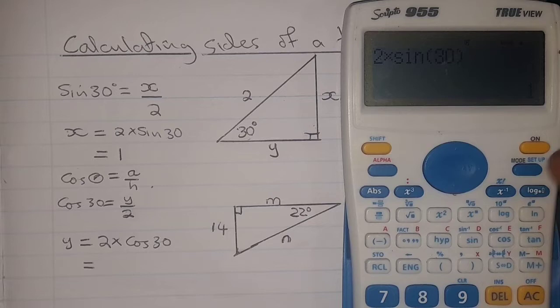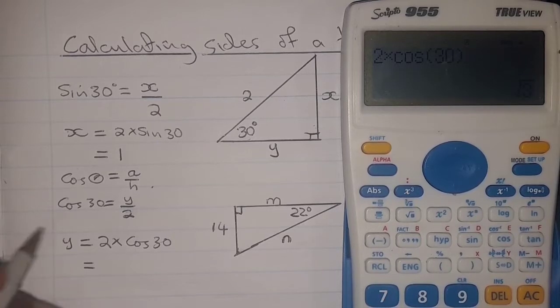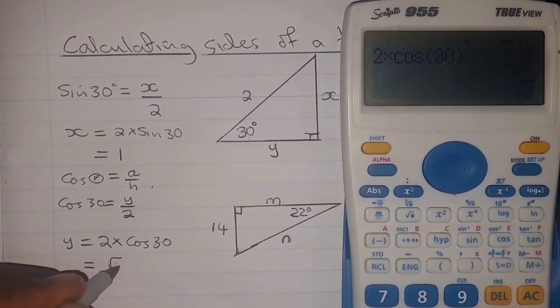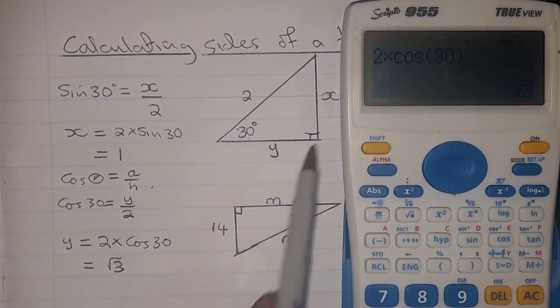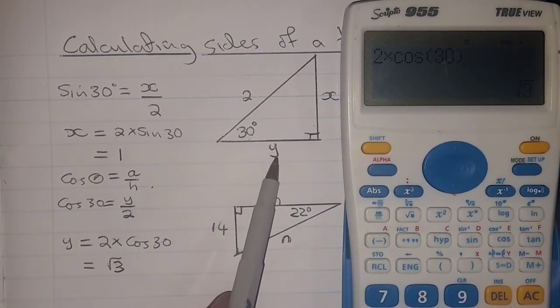This is equal to the root of 3. I'm leaving it in surd form. So our x is equal to 1 and our y is equal to root of 3.